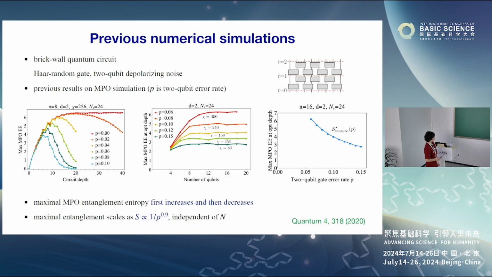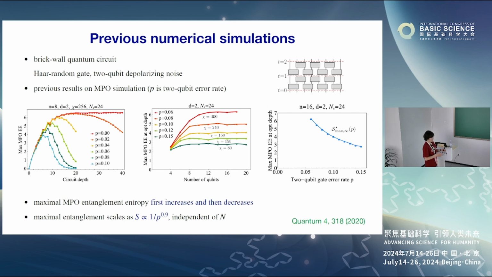They also check the circuit depth, and in this figure they plot the maximal entanglement entropy as a function of the error rate. So if the error rate is very large, people cannot go to very deep circuits. So this is also intuitive.